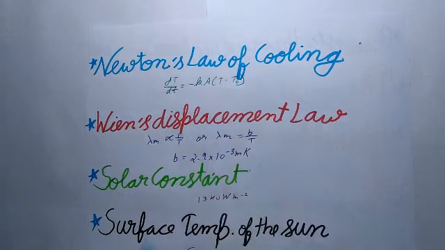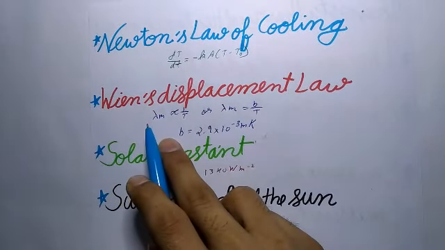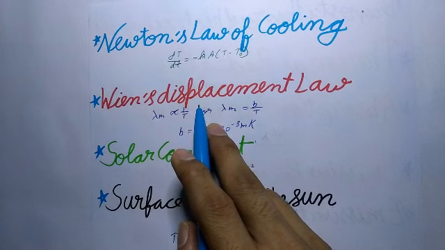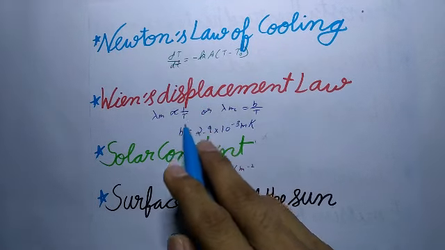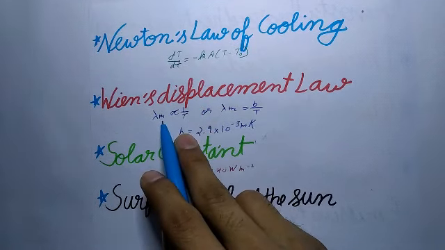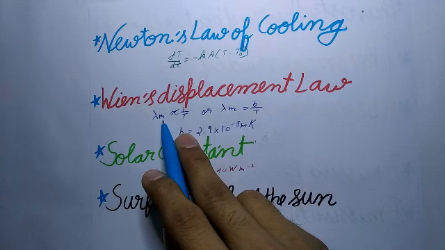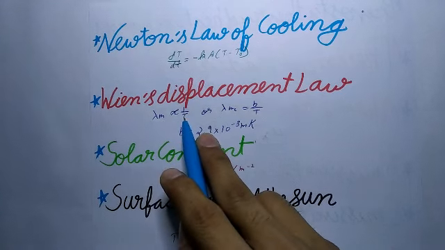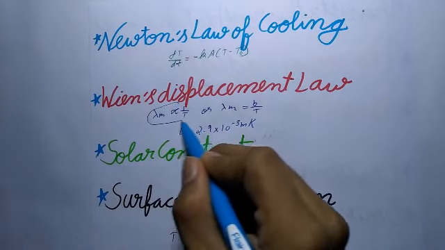So next is Wien displacement law. It states that the wavelength lambda m, corresponding to which the energy emitted by a perfect black body is maximum, is inversely proportional to the absolute temperature of the black body, and this is the equation.